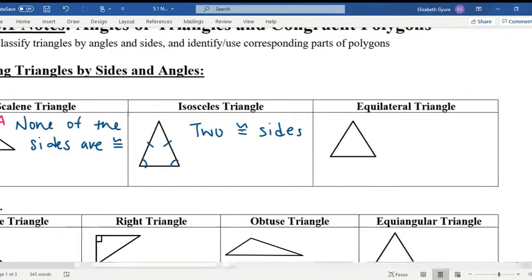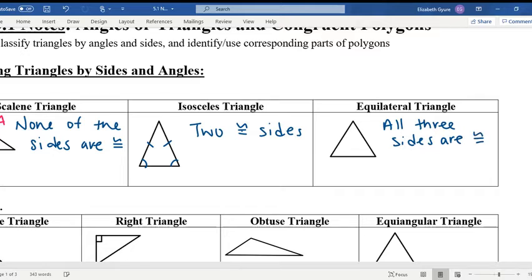And then equilateral. Equilateral, you've probably never heard that phrase, but dissect the word and it should tell you what it means. What do we think equilateral means, Evelyn? All the sides are equal, exactly. So in an equilateral triangle, all 3 sides are congruent.